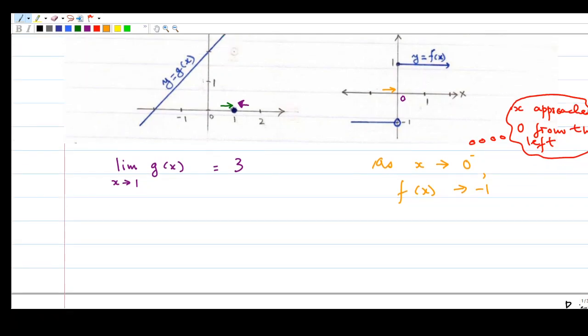Let's check what happens as we approach 0 from the right. From the right, we're approaching 0. You can see that your output in this case approaches 1.